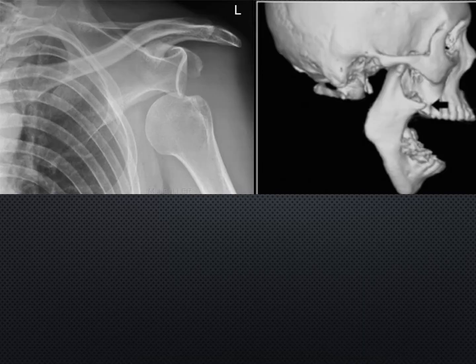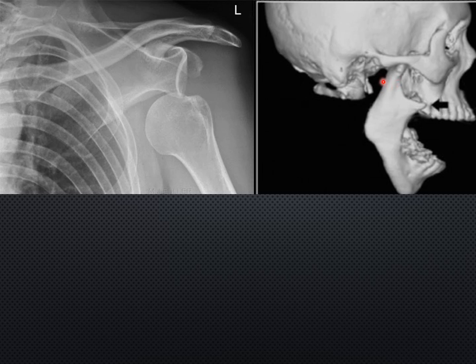Look at this X-ray. The first X-ray shows the shoulder joint, but there is an inferior dislocation of the head of humerus. Usually the head of humerus has to be here. The head of humerus should articulate with the glenoid cavity of the scapula, but you can see here the head has slipped downwards. So this is inferior dislocation of the shoulder joint. Now look at the second image. The condylar process of the mandible usually articulates with the mandibular fossa of the temporal bone.